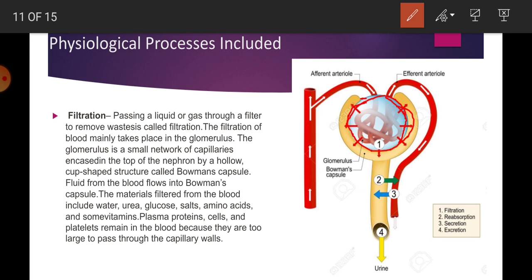Some vitamins also can enter into the Bowman's capsule.